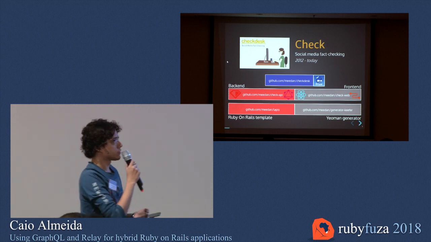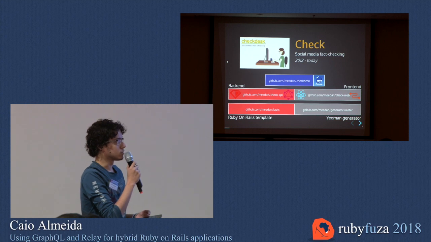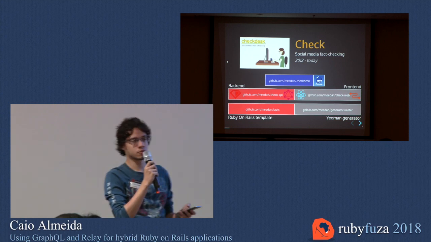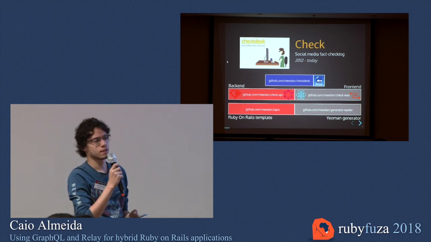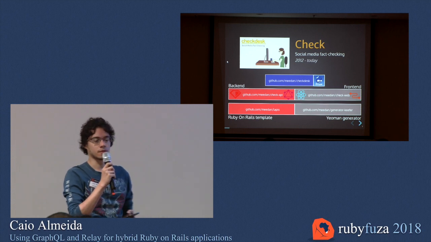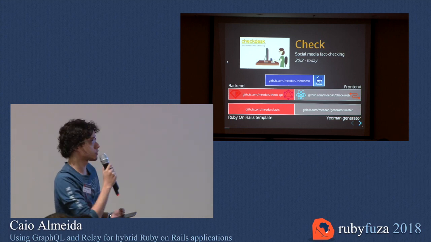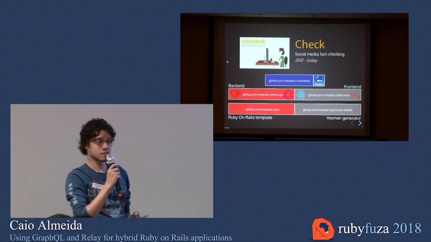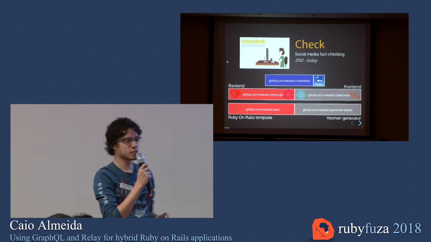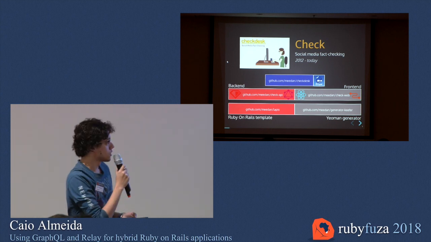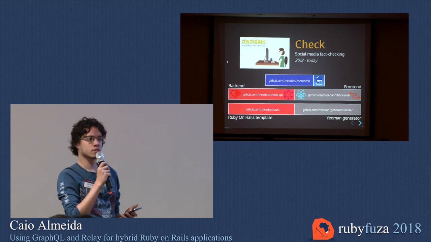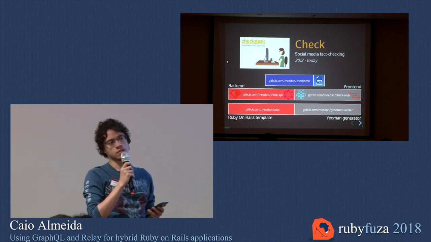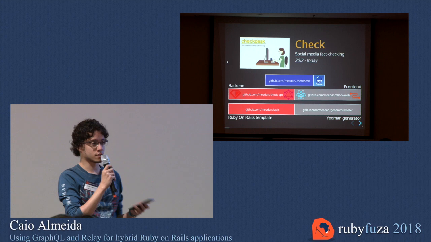So after a few years, we were able to migrate from a monolithic Drupal app to a microservices architecture with a Rails backend and front end in JavaScript using React.